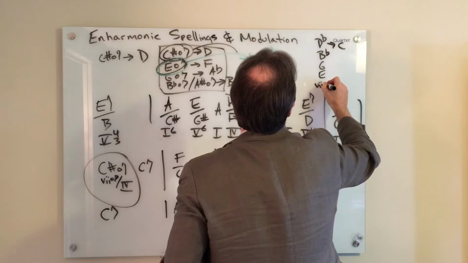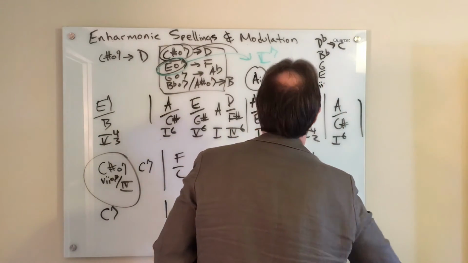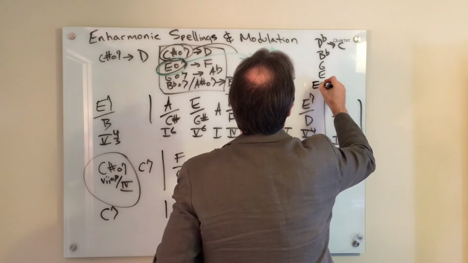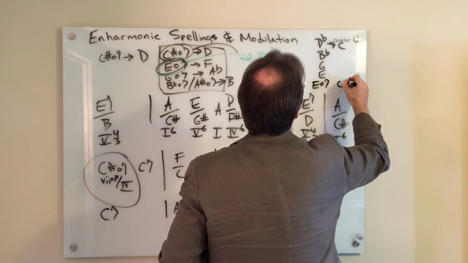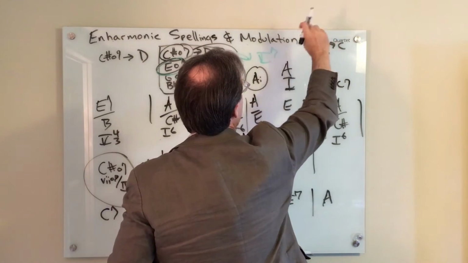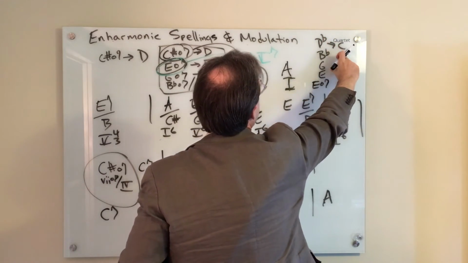So this diminished 7 chord, the E diminished 7, then goes to a C7. E, G, B flat, D flat. That D flat steps down a half step to create a C7.